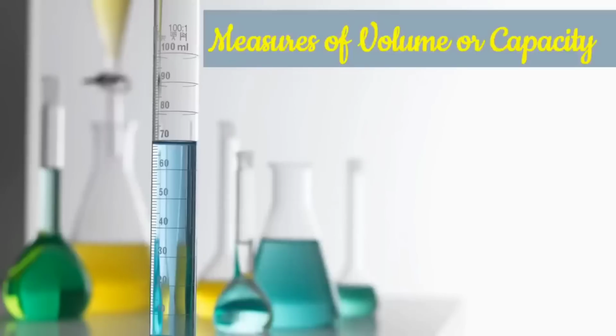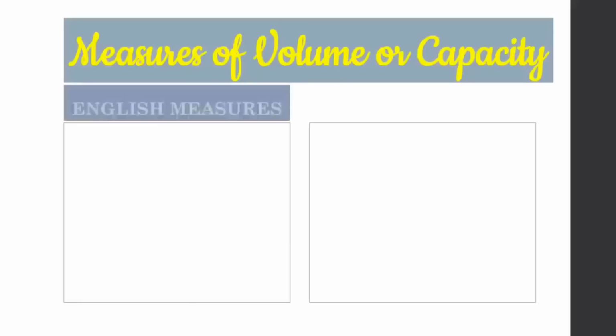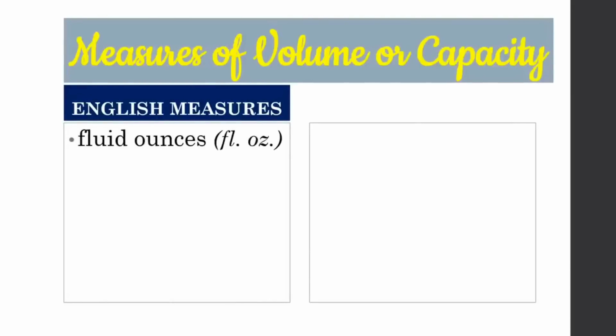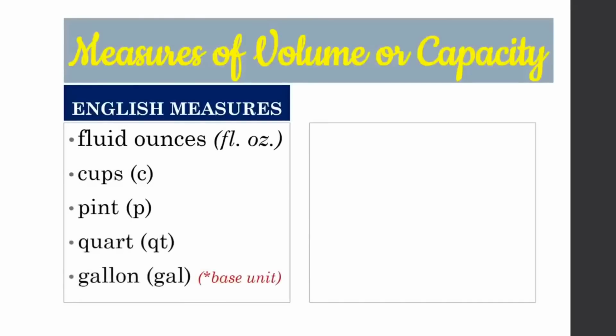The next one is volume or capacity. We have our common English measures for volume or capacity. We have fluid ounces, cups, pint, quart, and gallon, which is our base unit.